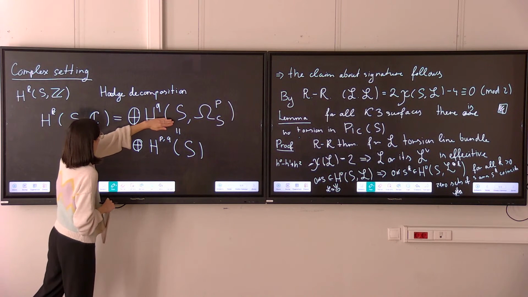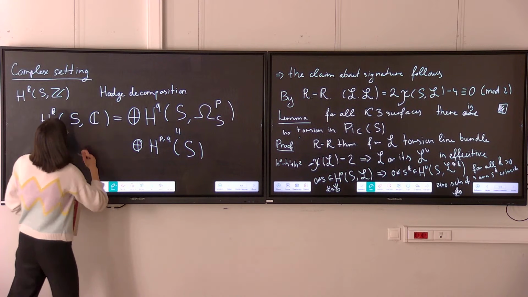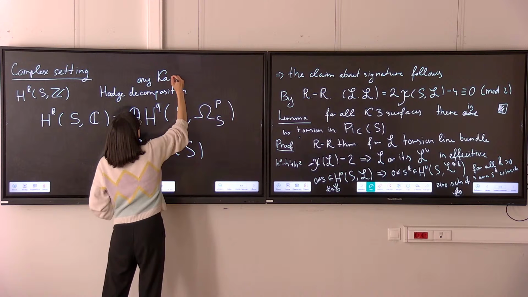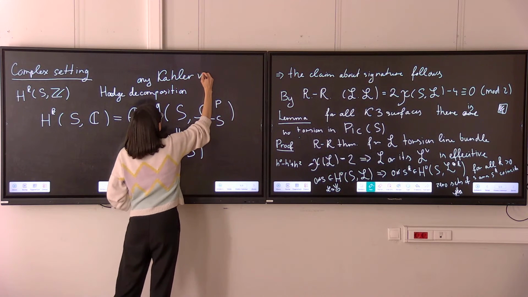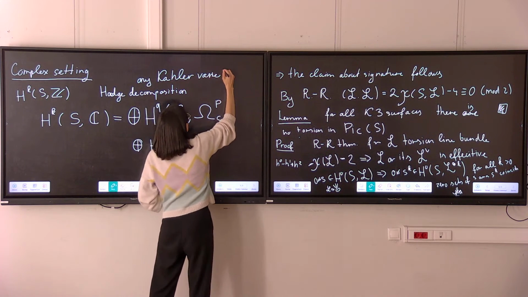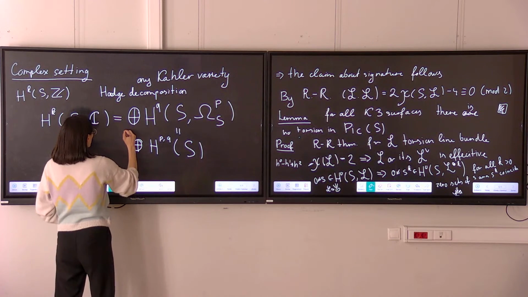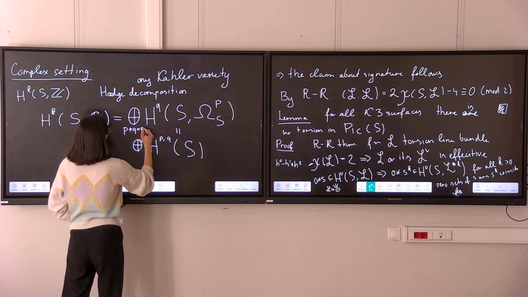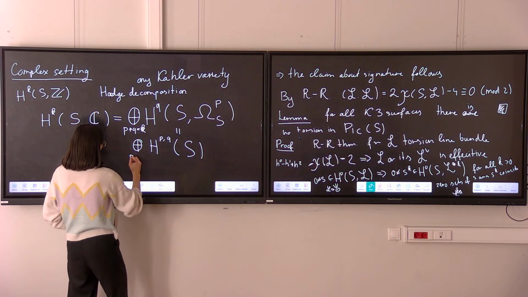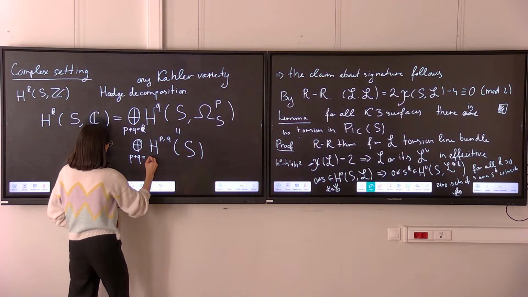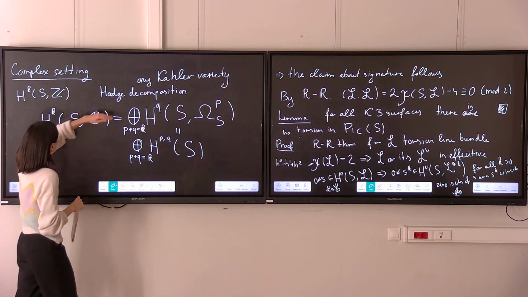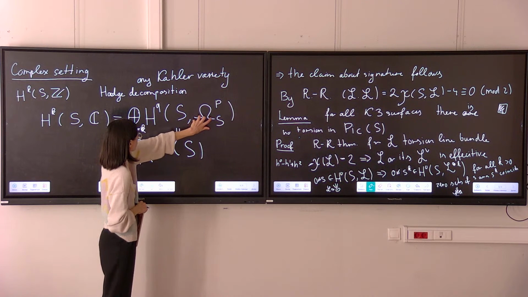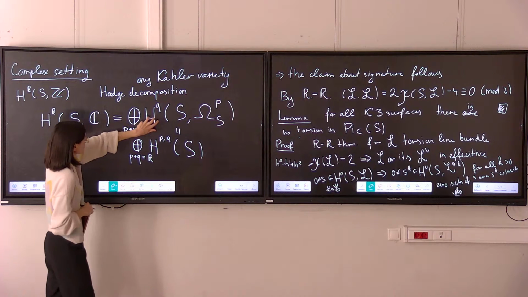This holds for any Kähler variety. Here I need to write p plus q is equal to k. So for any Kähler variety, we can consider just sheaves of holomorphic forms on it and compute its cohomologies.